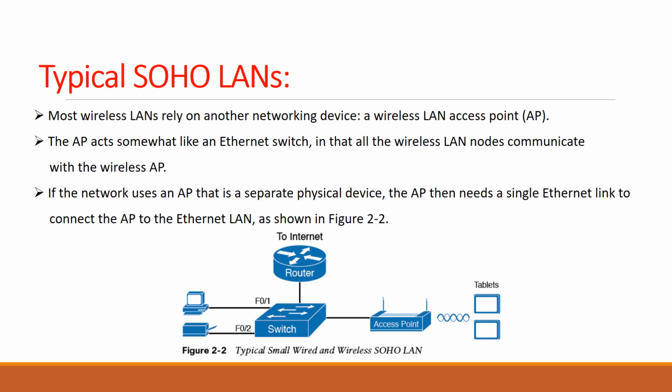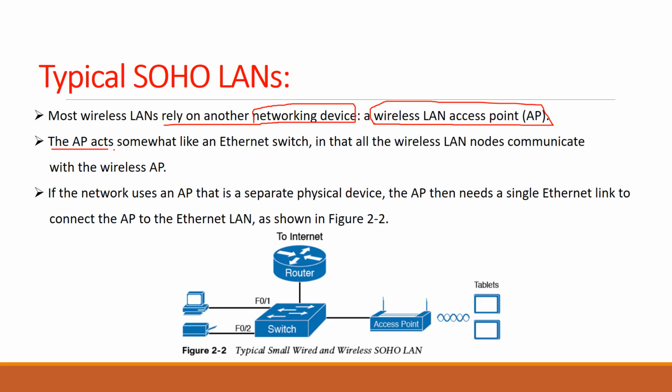Most wireless LANs rely on a networking device called a wireless LAN access point. So when you hear about a wireless LAN access point, think about the wireless LAN standard IEEE 802.11. And there are multiple standards, such as 802.11a, b, g, n, ac, and so on.